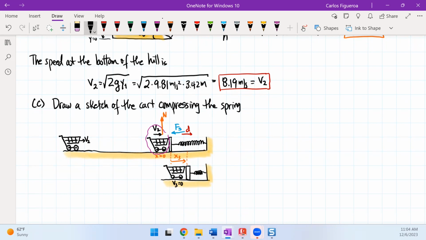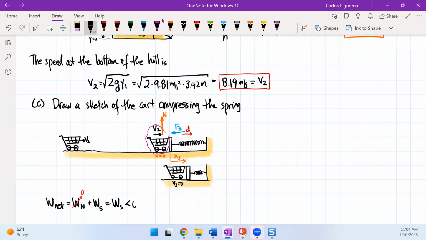So my process says that the net work is going to be the work of the normal, but we already know that because that displacement is 0, this is going to be the work of the spring. So when I look at the work of the spring, you can see here that the displacement and the spring force are going to be negative.